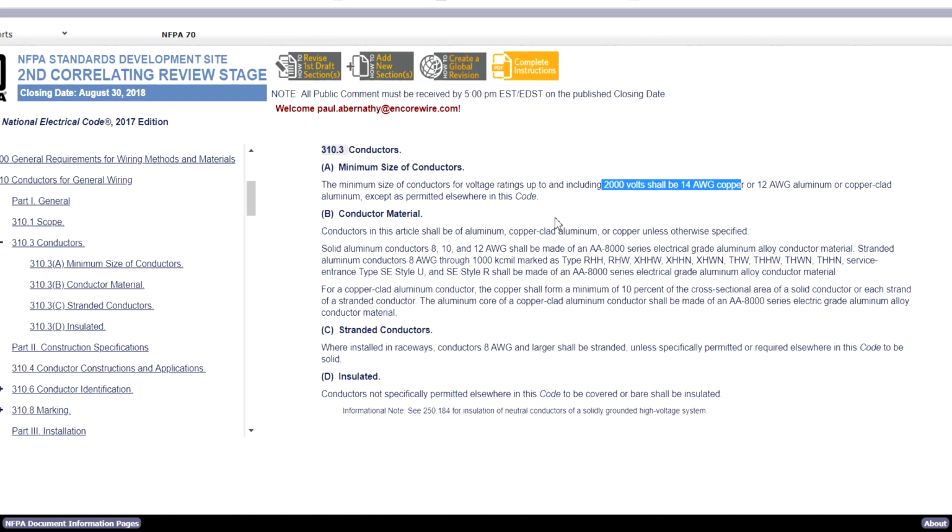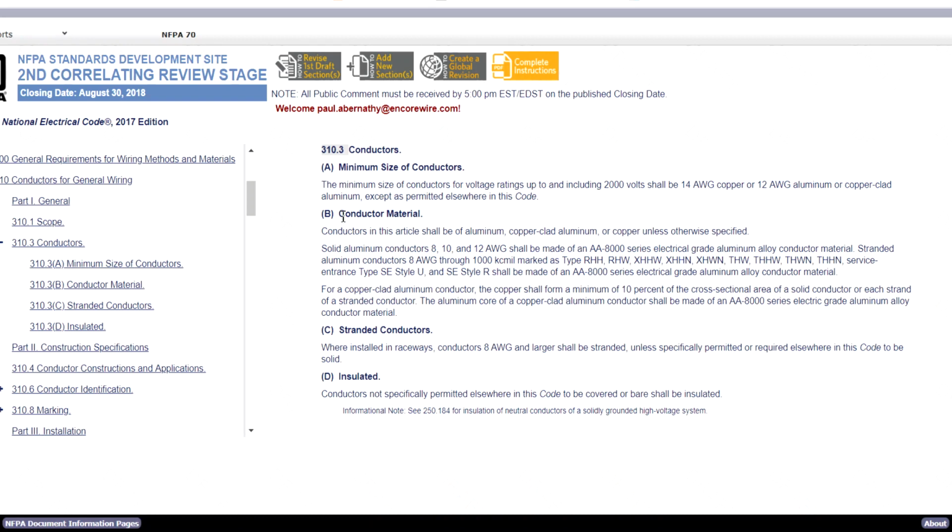So this is 14 gauge copper, 12 gauge aluminum. And copper-clad aluminum is in here, remembering that just because it's copper clad, it's still an aluminum product. The copper is just the molecular bonding of the outer coating, but it's still considered aluminum. Always keep that in mind.